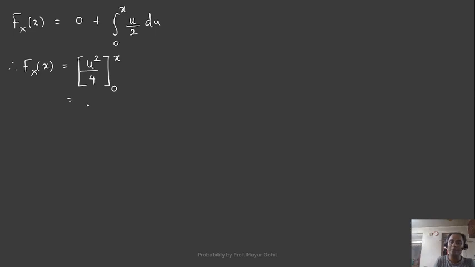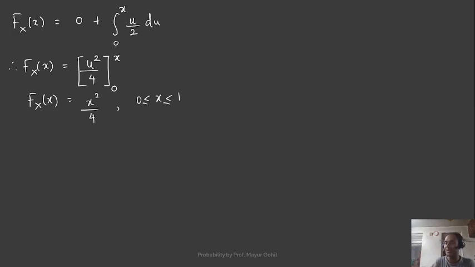So now you get a function x square by 4, which is a function of x, in the interval between 0 and 1. This is your CDF over there.